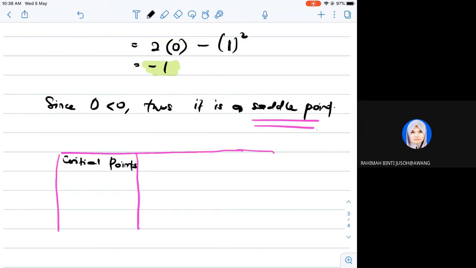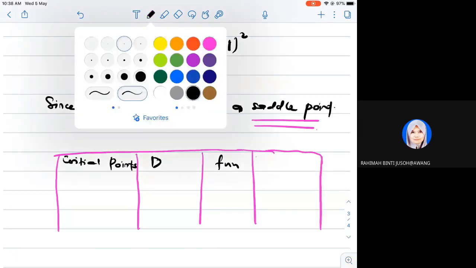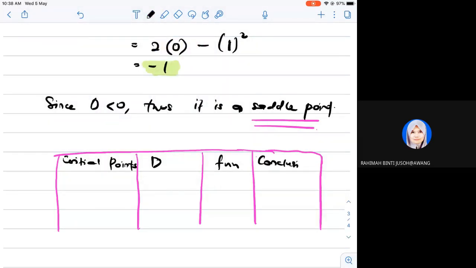Alright, and then this is your D. Calculate your D. And then here is fxx. And then this is your conclusion lah. Conclusion. Macam tu. So, senang. Senang kita nak tengok student tu.